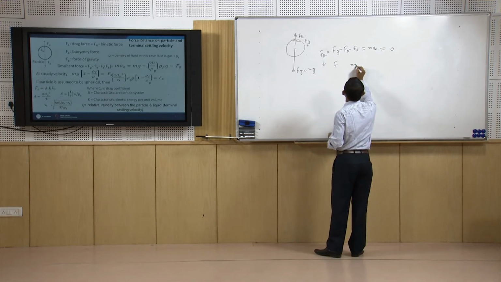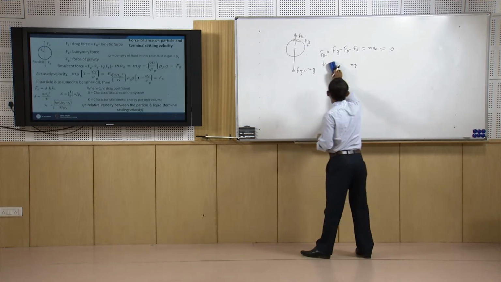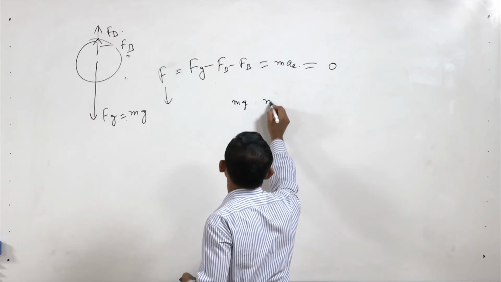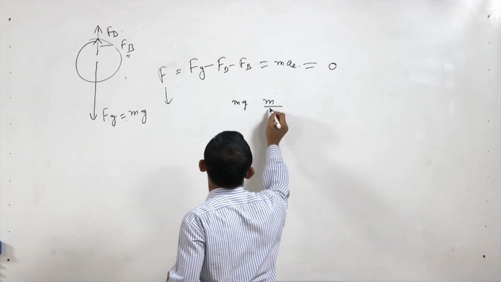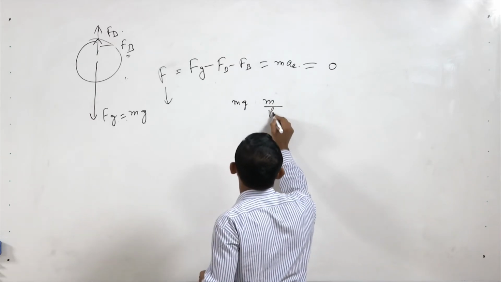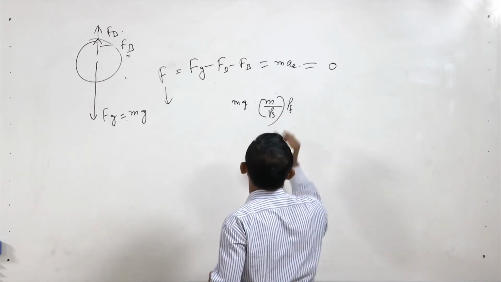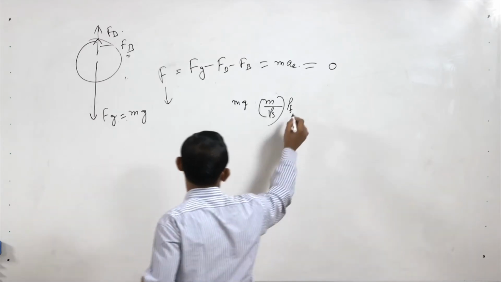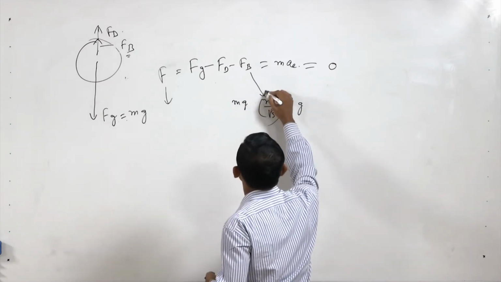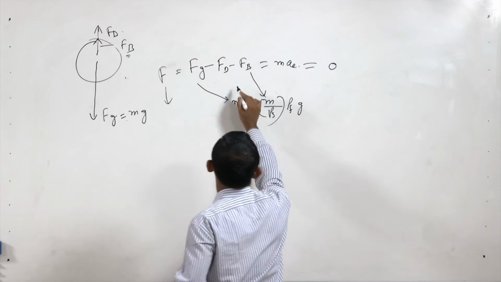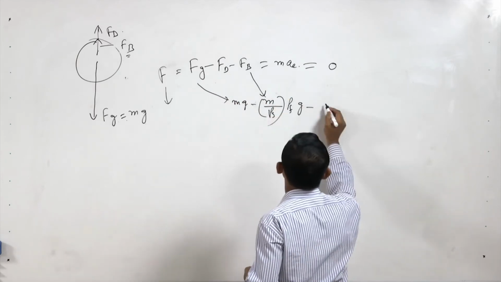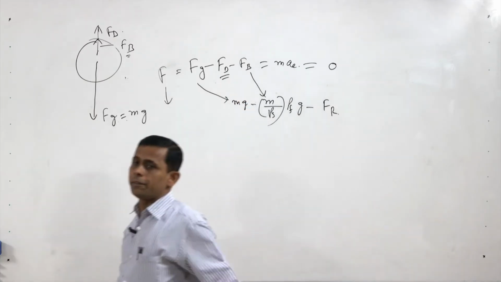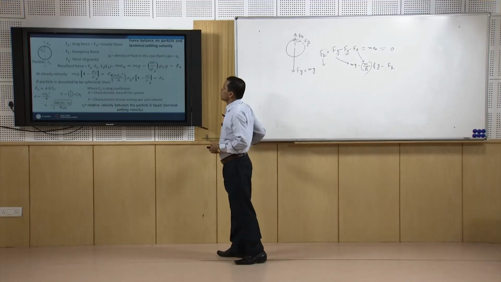Here we get mg, and this is m into (rho s minus rho f) g. This Fd is sometimes called Fr, the kinetic force.